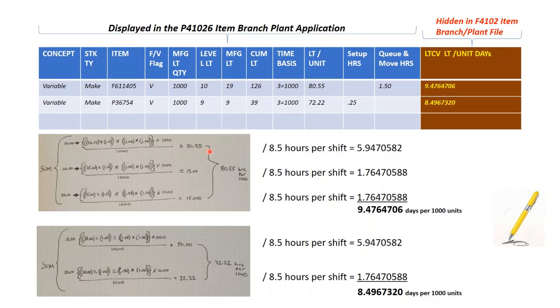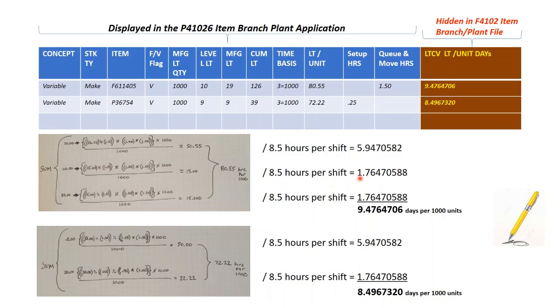So 50.55 divided by 8.5, that's 5.9470582 days per 1,000. Well, then we've got to go to the next operation. 15 hours divided by the work center's work hours per day, which was 8.5.